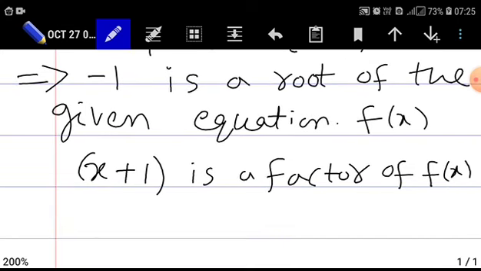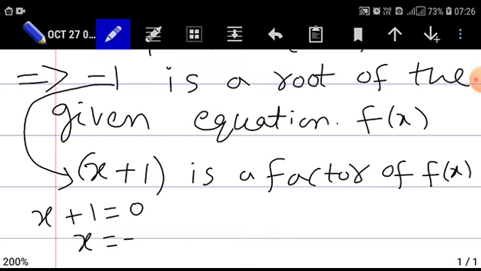Now how do we take x plus 1 when we have root minus 1? Suppose x plus 1 is equal to 0, then we get x equal to minus 1. If we bring this minus 1 to the left hand side it becomes plus, so we get x plus 1. That's how we take x plus 1 as a factor of f of x.